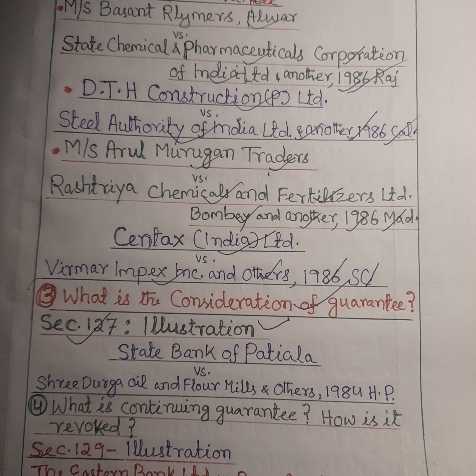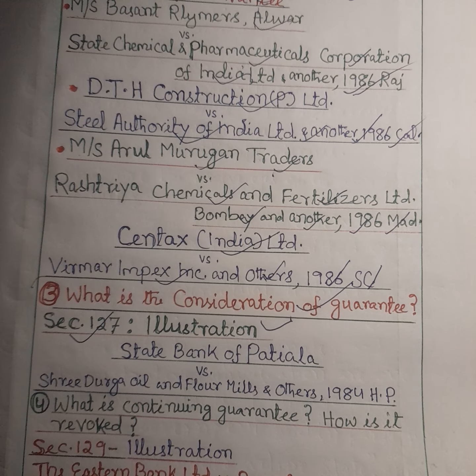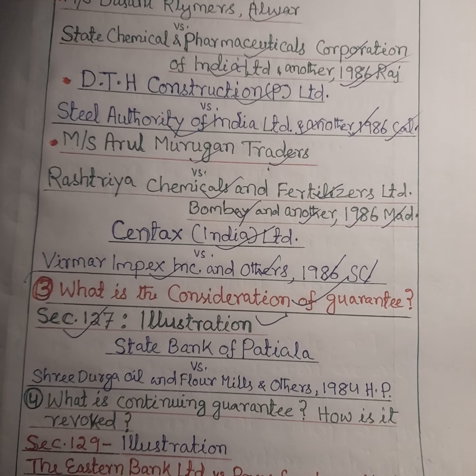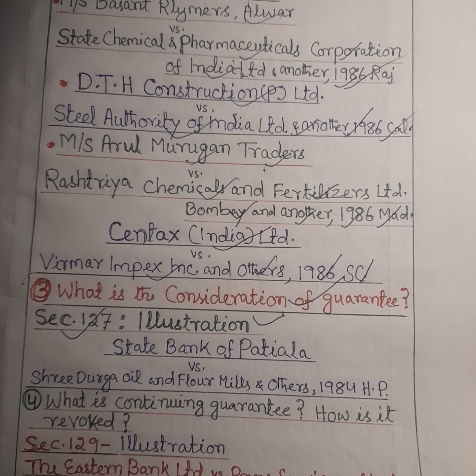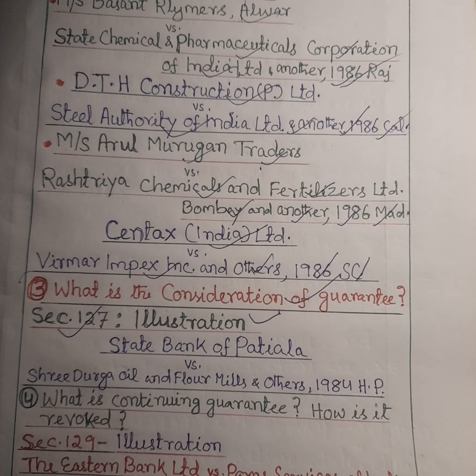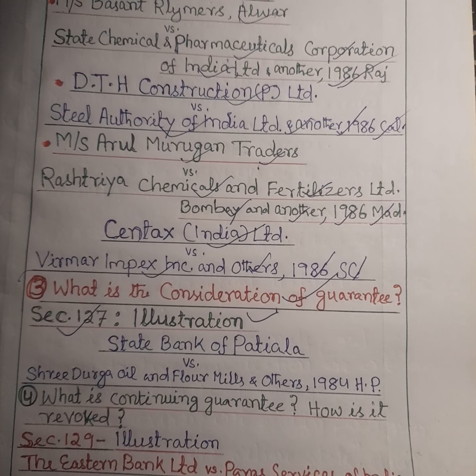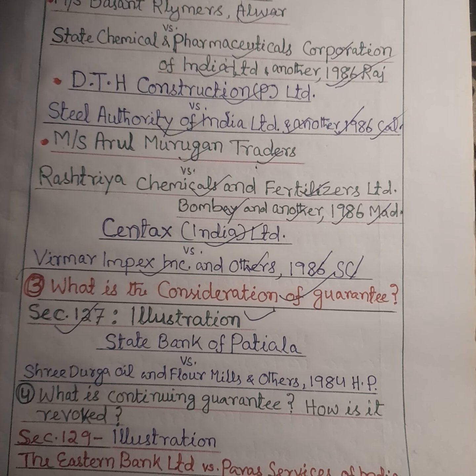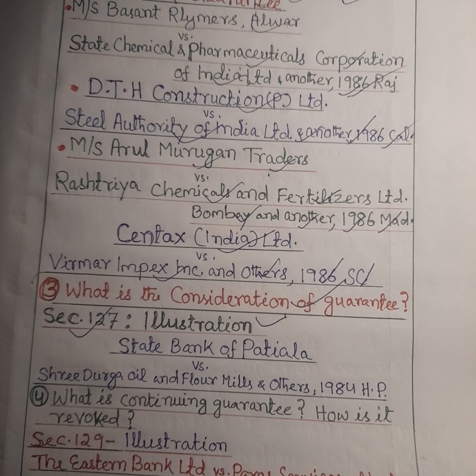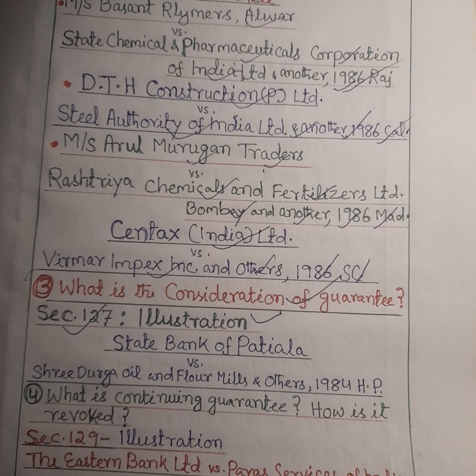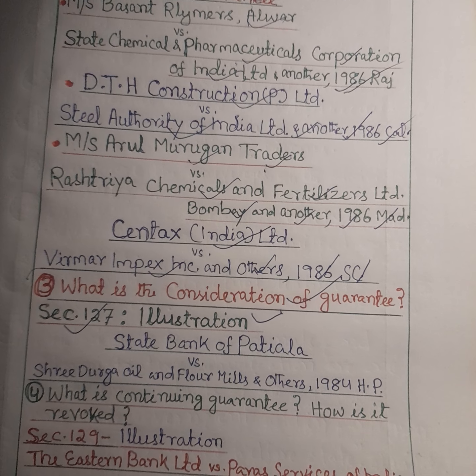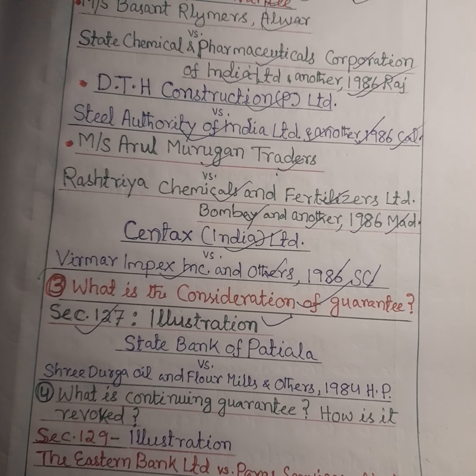And regarding the very illustration, as for example, B requests A to sell and deliver to him goods on credit. A agrees to do so, provided C will guarantee the payment of the price of the goods.